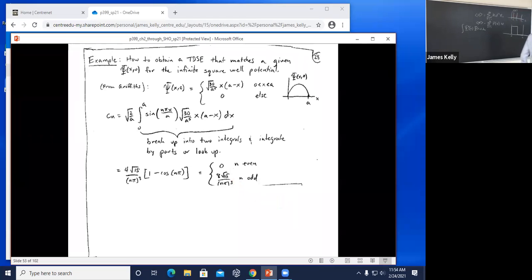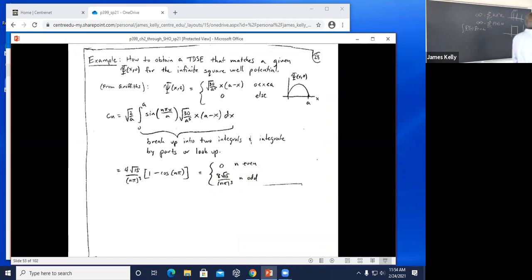And so what we're seeing is all the even n values are 0. So Cn is 0 when n is even. And then the odd ones are non-zero, but they keep getting smaller and smaller pretty quickly. They go like 1 over n cubed. And when you sum from 1 to infinity, 1 over n cubed, that's a perfectly convergent kind of p-series, I think those are called, right?